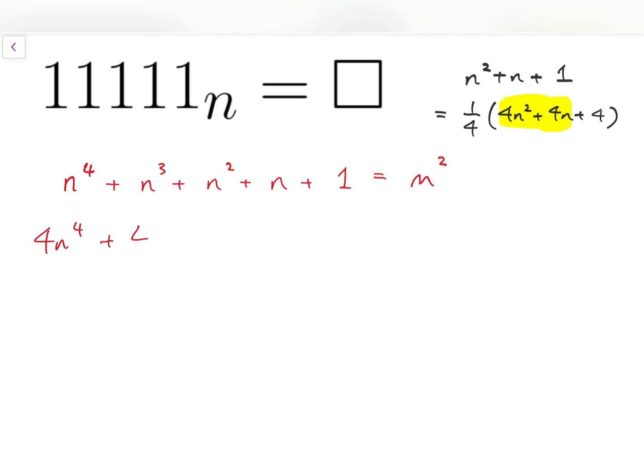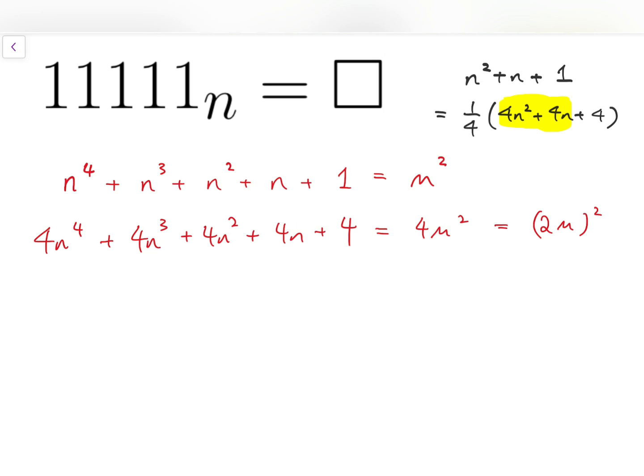So we have 4n to the power 4, 4n cubed, 4n squared, 4n, and 4 equals 4m squared, or we can say it's 2m all squared. And then I'm going to try to write the left hand side as very close to some perfect square.